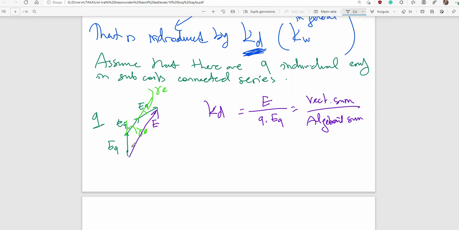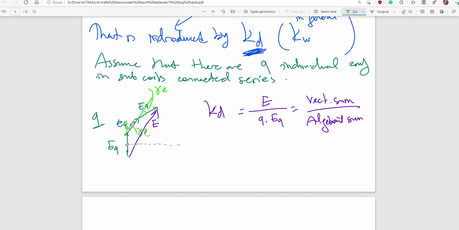Okay, let's try to calculate it. Here is an angle, gamma E. We know gamma E. And then here, let me draw an intersecting line here.